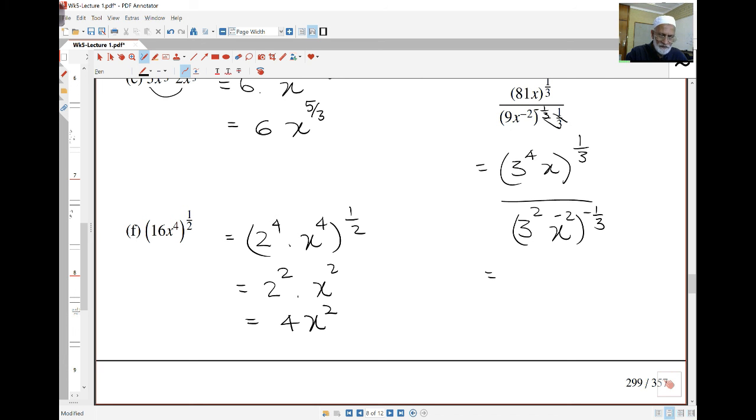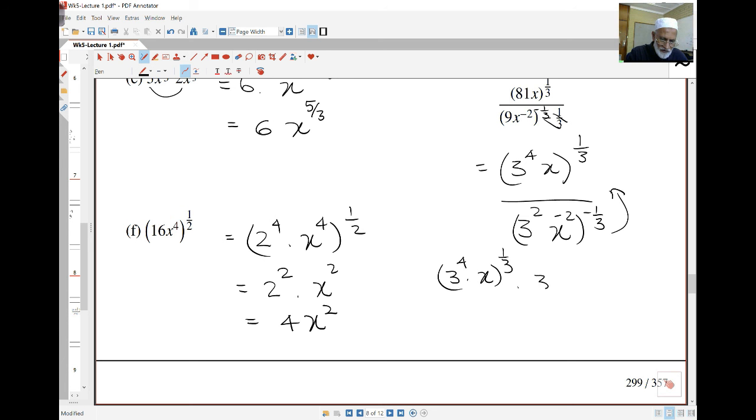And so the negative power means this goes to the top as a positive power. So I'm going to get over here, the top line as I have it, which is 3 to the 4th times x to the 3rd.